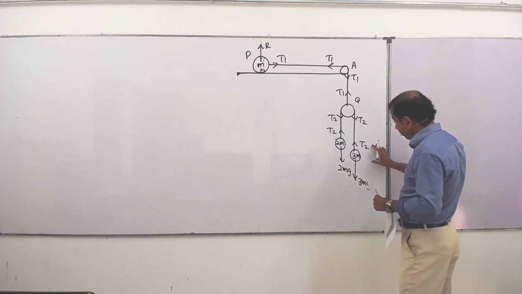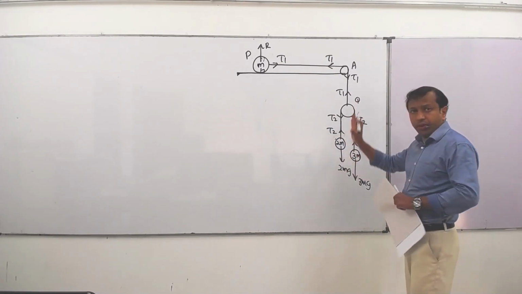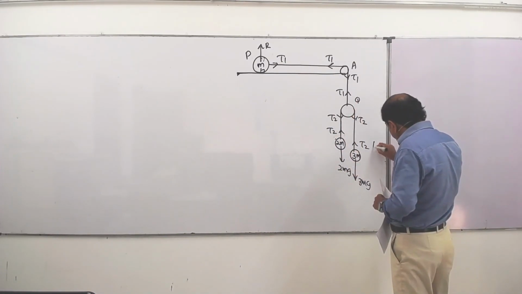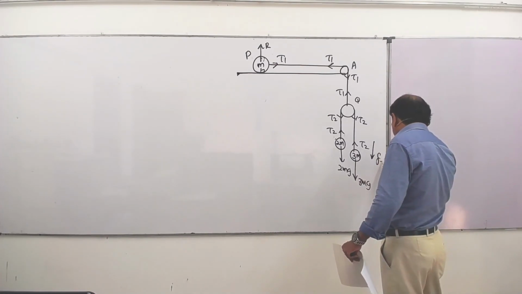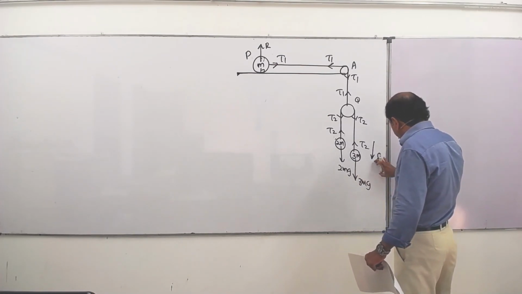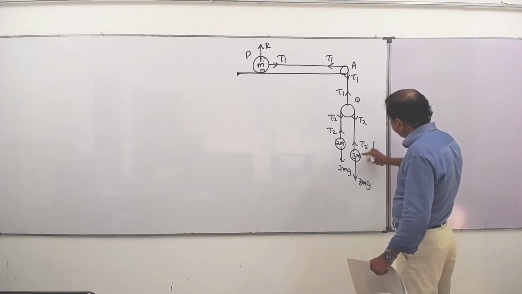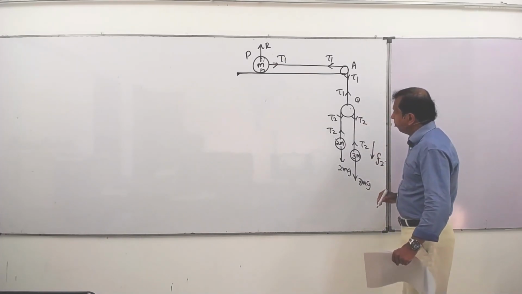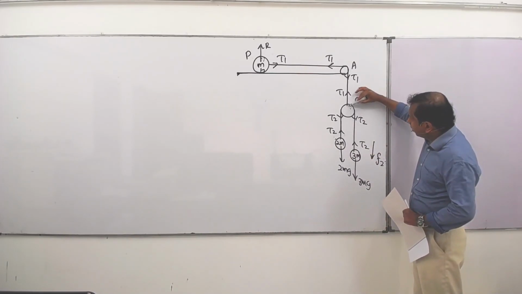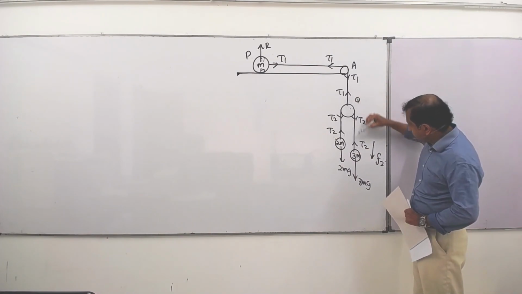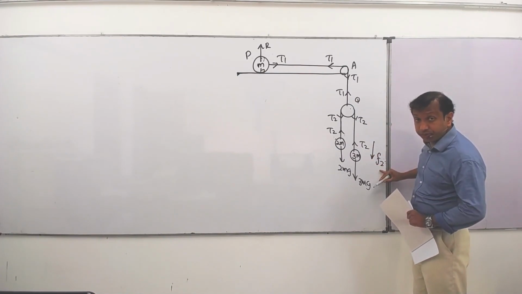Now we can take the acceleration of this 3m going down, 2m going up. In this direction I take the acceleration as f2. This acceleration f2 is relative to this Q. That means suppose a fly is on the pulley Q. That fly sees this 3m going down with acceleration f2.